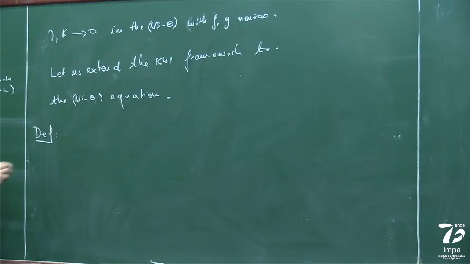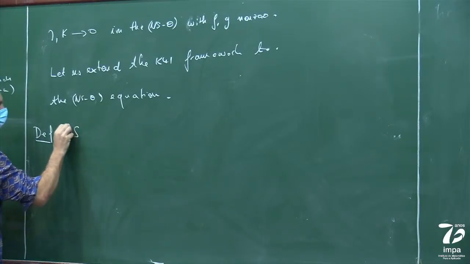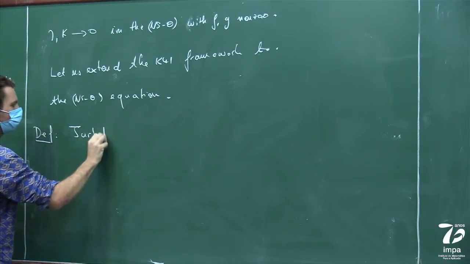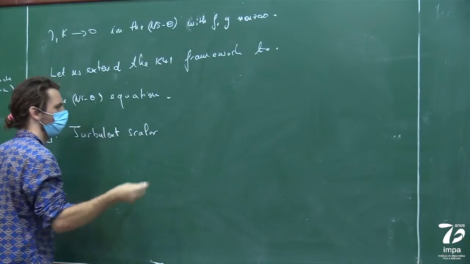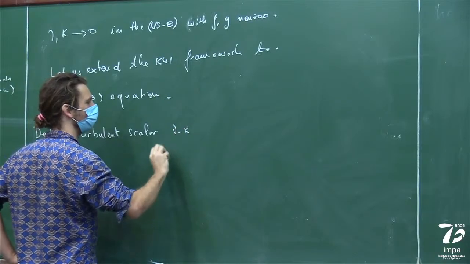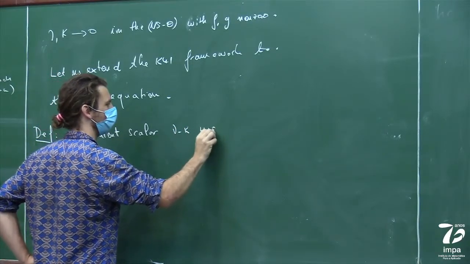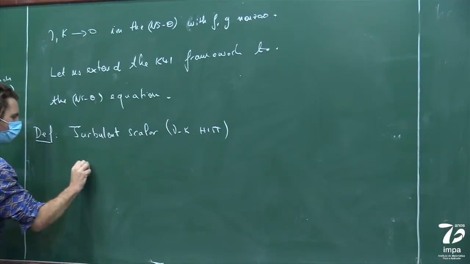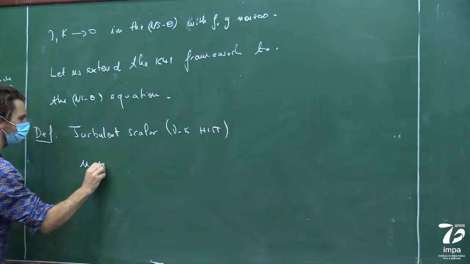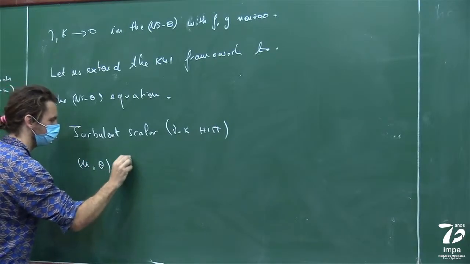And so we are going to define a turbulent scalar, that we may call u theta, which will be a stochastic process.